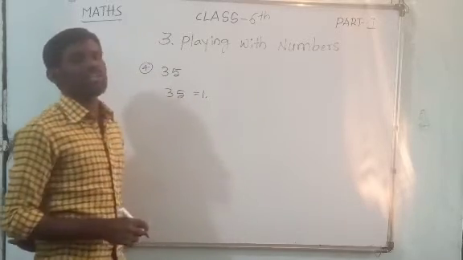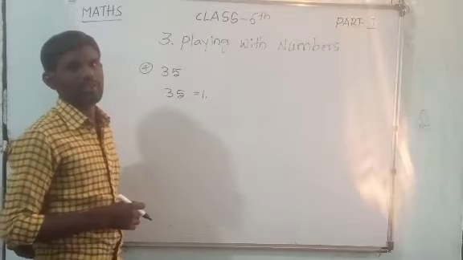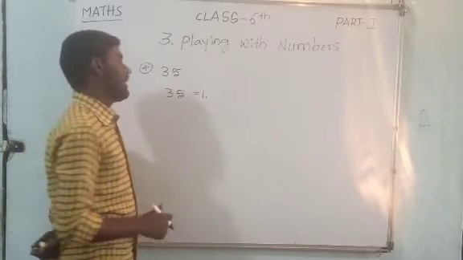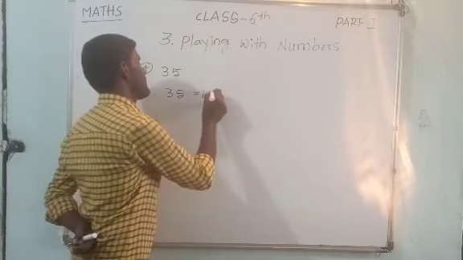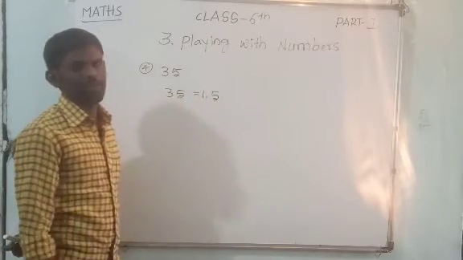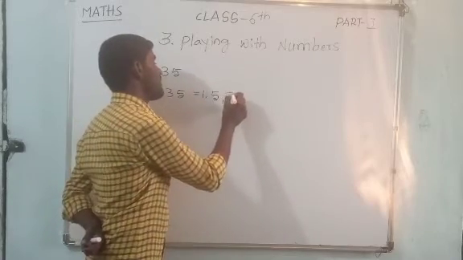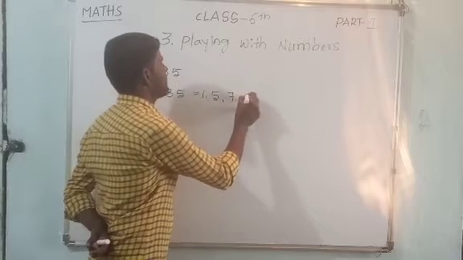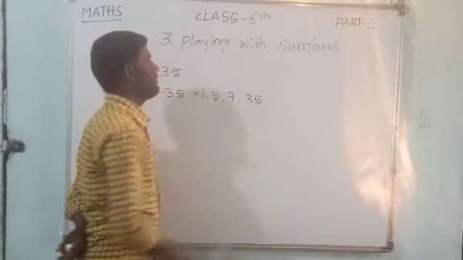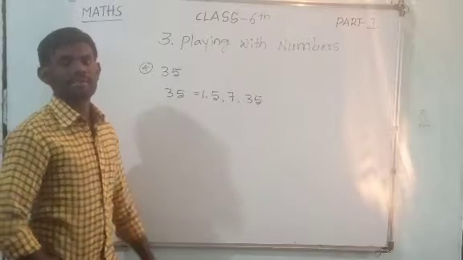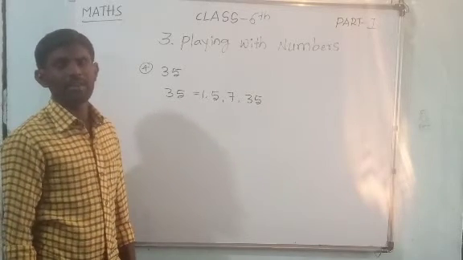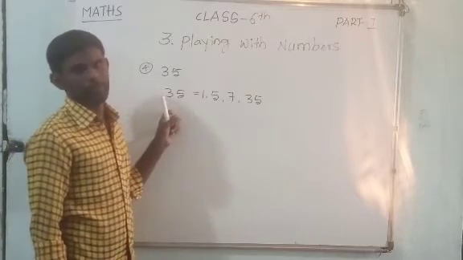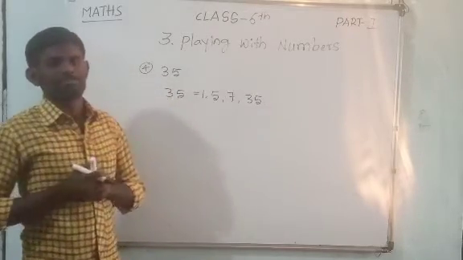Then 2, there is no chance; it is not a factor of 35. 3 is also not a factor. Then 4, no. 5, yes, 5 sevens are 35. 7 is also a factor of 35. Then finally 35. So 1, 5, 7 and 35 are all the factors of 35. You should remember this in your mind.